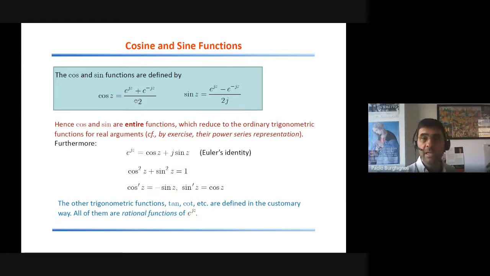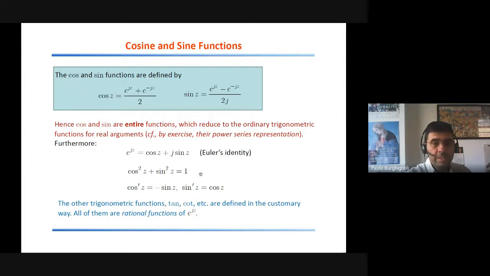You can check that by adopting those definitions, you obtain trigonometric functions whose power series representation is exactly the ordinary power series that defines the trigonometric functions for real arguments. Furthermore, you have Euler's identity. The exponential of jz is equal to the cosine plus j sine, and that's true for any complex number z.